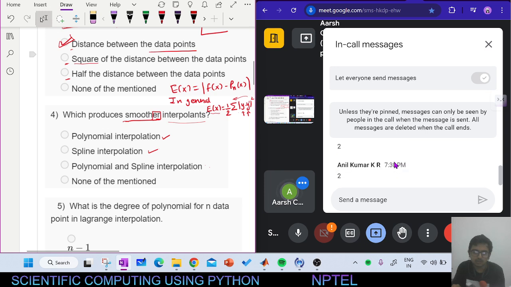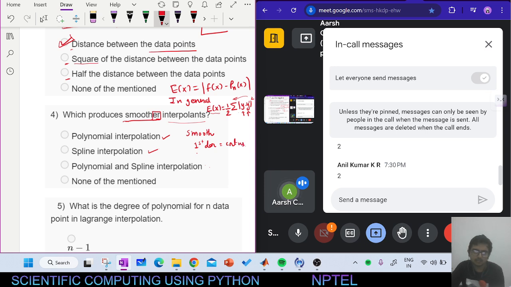So people, Anil Kumar wrote 2, Srihari 2, Dipankar 2, Virabhadra 3. That's it. My interpretation is the following. Smooth generally means that the first derivative is continuous.